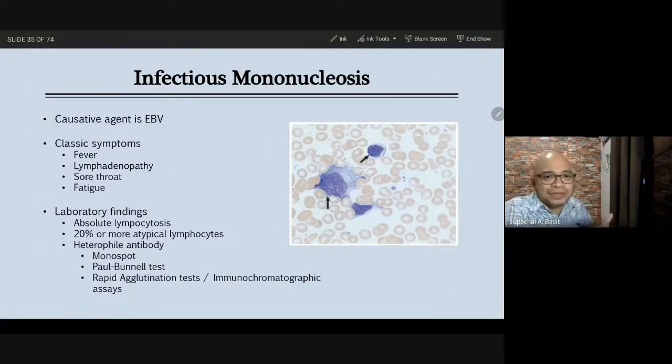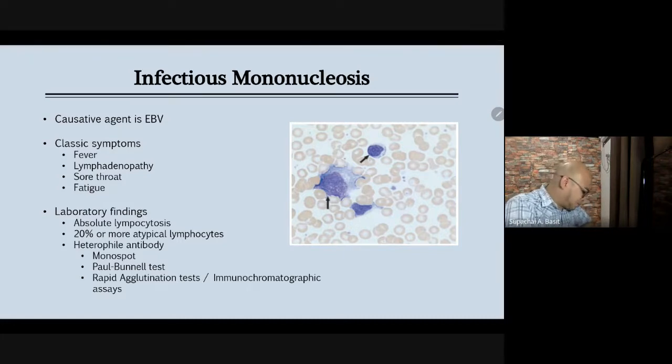Infectious mononucleosis is a common manifestation of Epstein-Barr virus. The classic symptoms include fever, lymphadenopathy, sore throat, and fatigue. Laboratory findings would be acute lymphocytosis, wherein more than 20% are atypical lymphocytes.